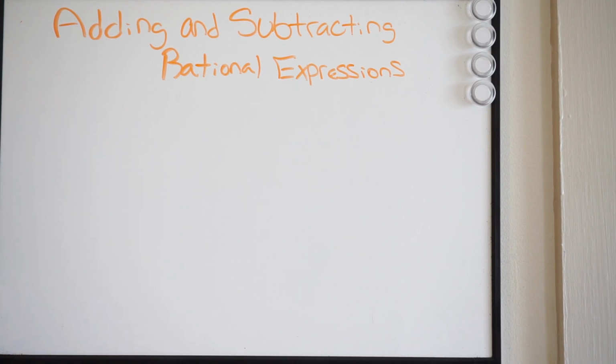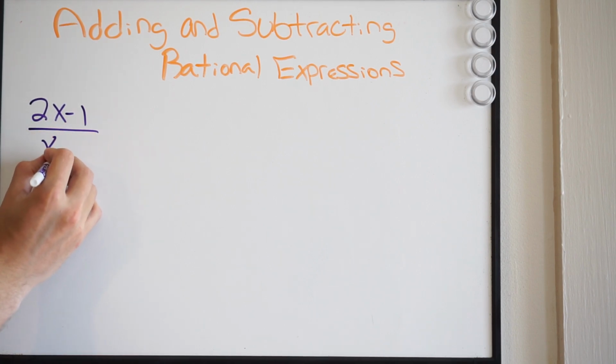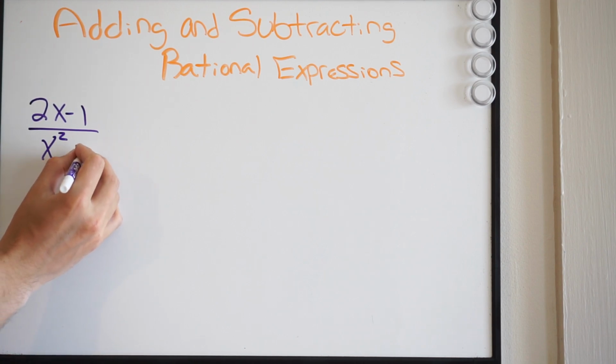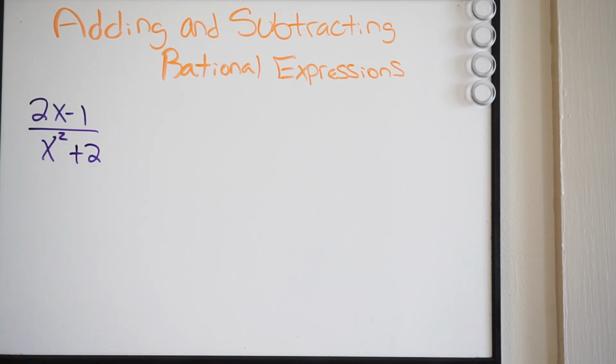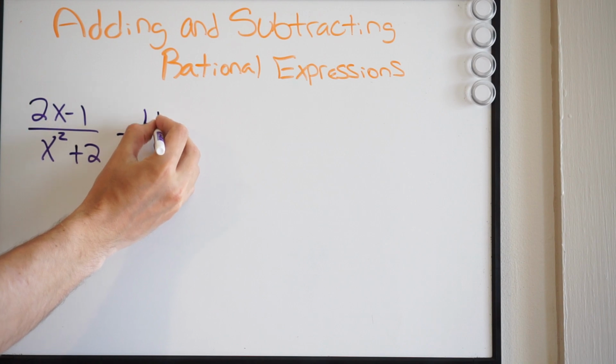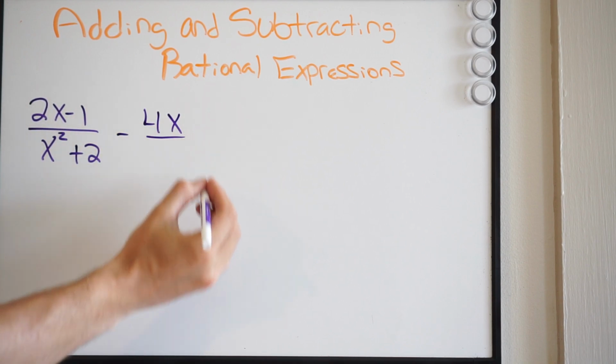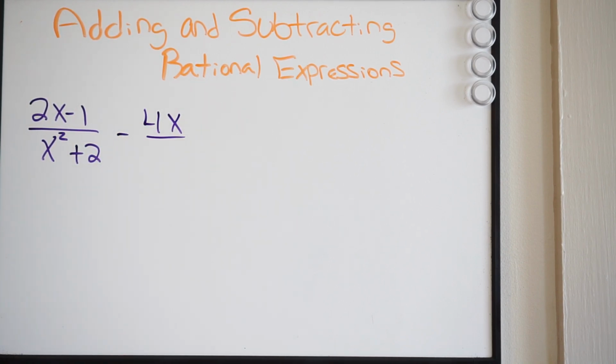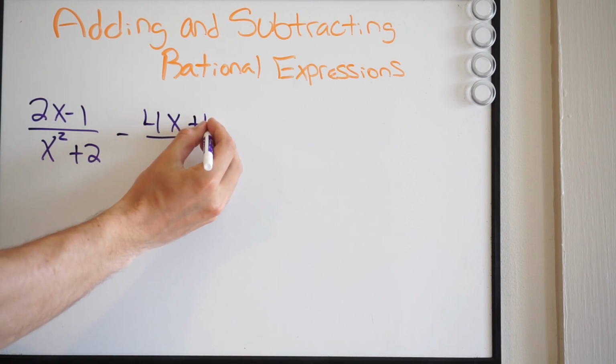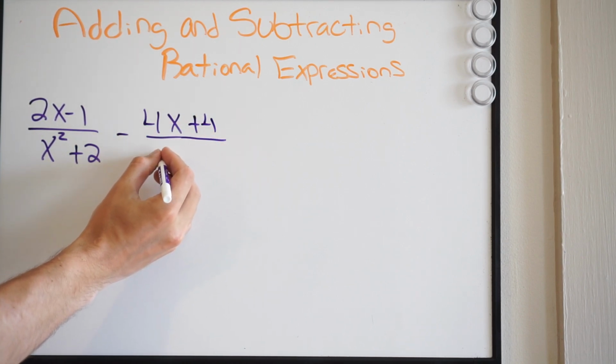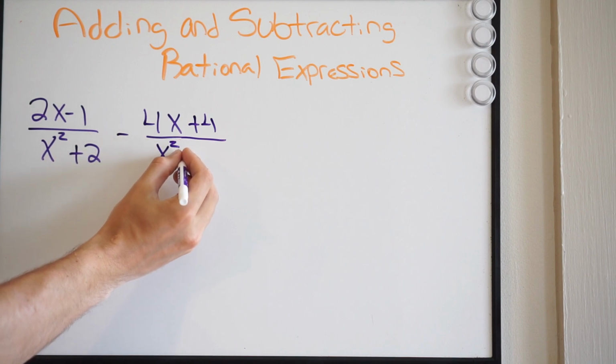We'll have 2x minus 1 all over x squared plus 2, minus 4x plus 4. And again, this will all be over x squared plus 2.